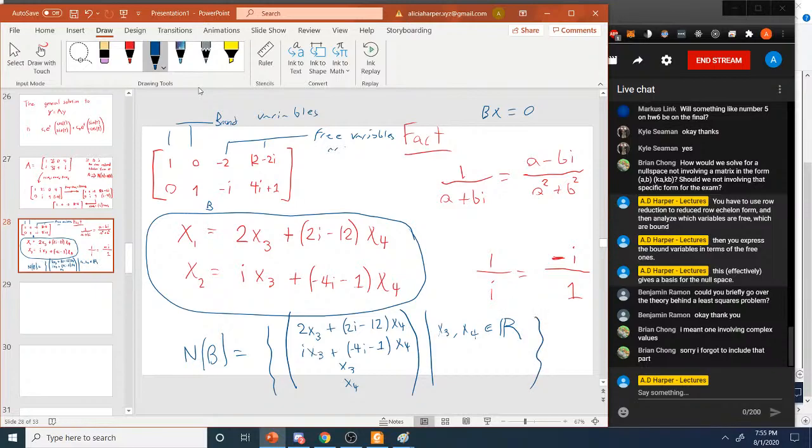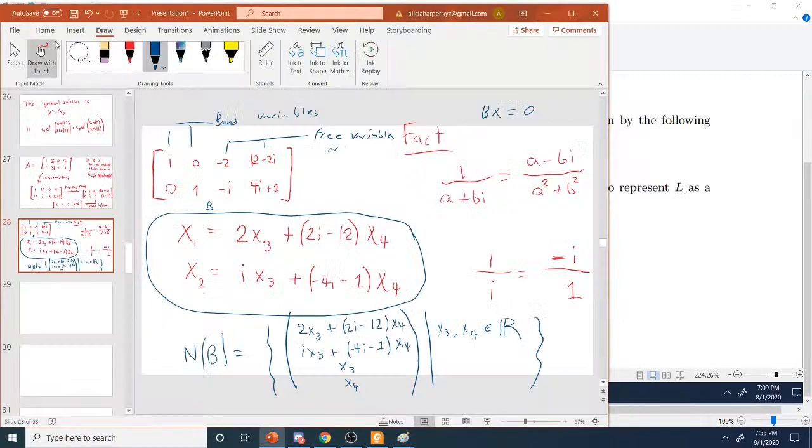But I also mentioned we can extract from this a basis, and that's pretty easy. So let me show you guys how that's done.